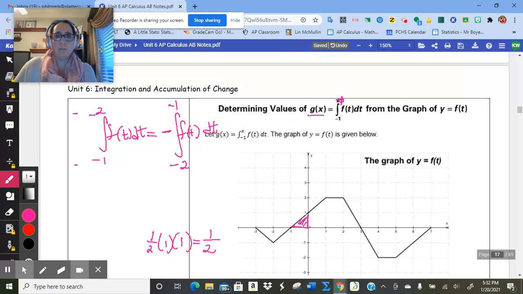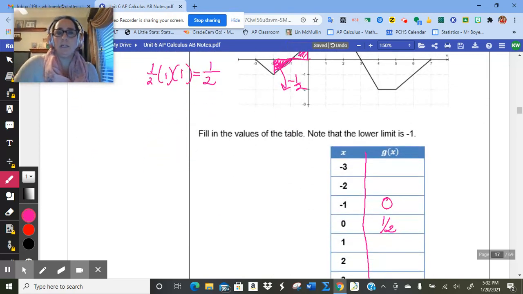So now I want to look from -2 to -1, and that would be a -1/2, but we want to negate our area, so it's a +1/2. So I know here at -2, I have a +1/2.